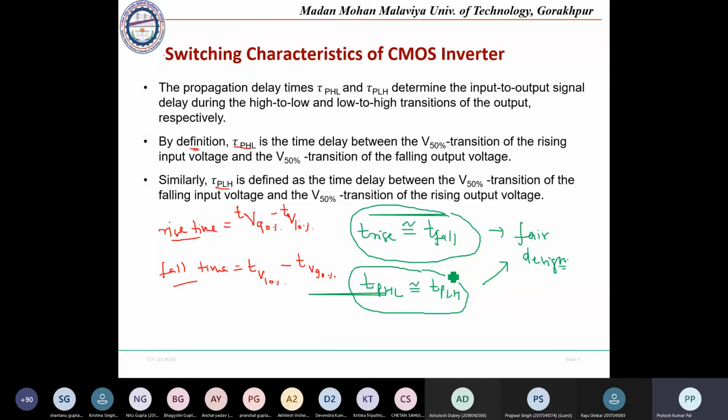Once we know tau PHL and tau PLH, the delay of the circuit will be given by the sum of tau PHL plus tau PLH divided by 2. This is an average of these two, or the delay will be the maximum of these two.